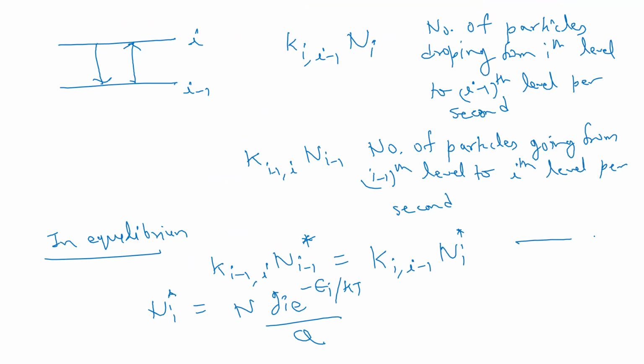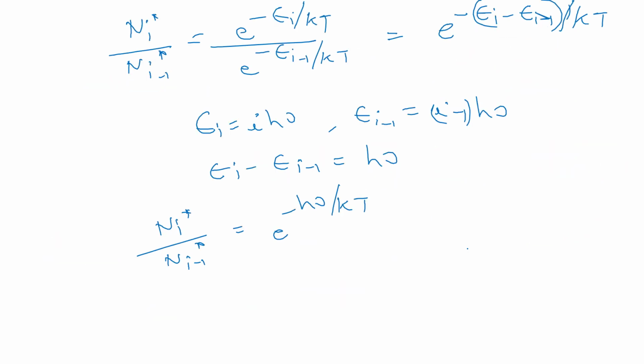If you see this equation, let's say equation 1, it can be written as k(i-1,i) equals k(i,i-1) times N(i)* upon N(i-1)*.